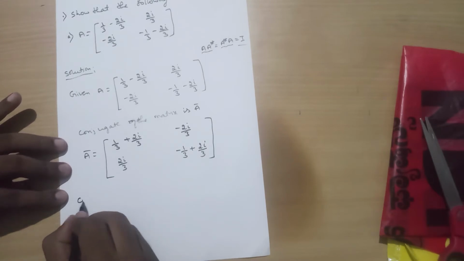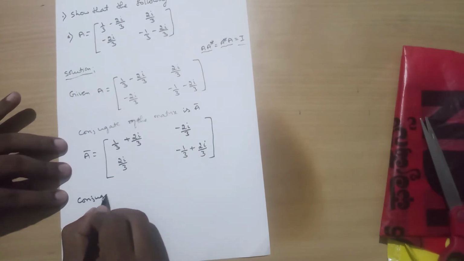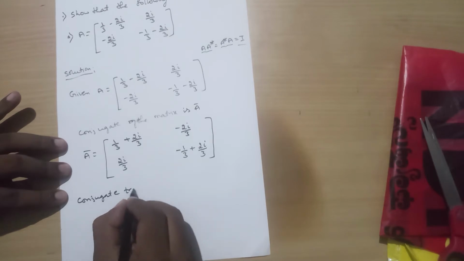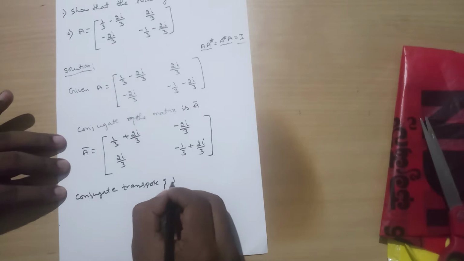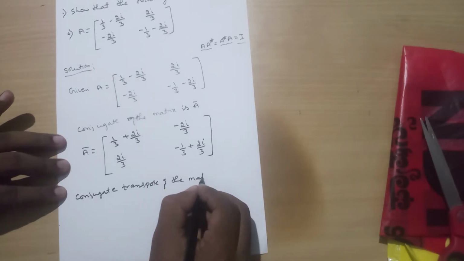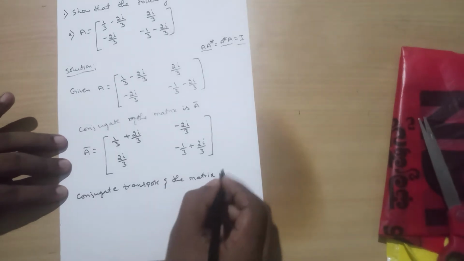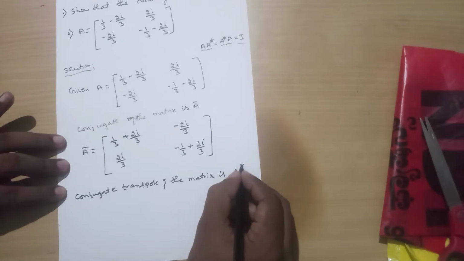Now conjugate transpose of the matrix is what you get here, A star.